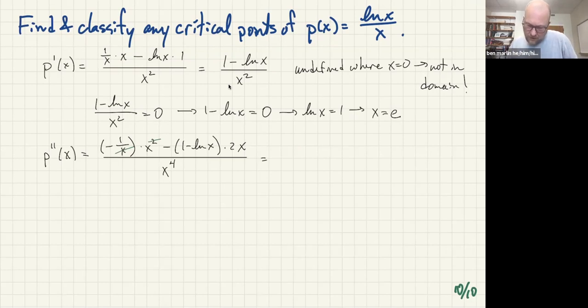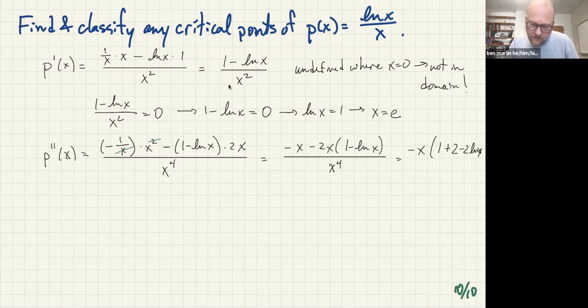So minus x minus 2x times the 1 minus ln x, all that divided by x to the 4th. I can see a factor of minus x that comes out of the whole thing there. And when I do that, I will have just a 1 and then plus the 2 times 1 and then the minus 2 ln x. Ugh, this was too far over the side.